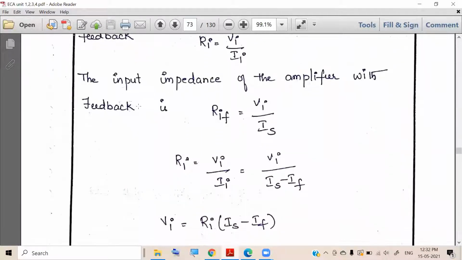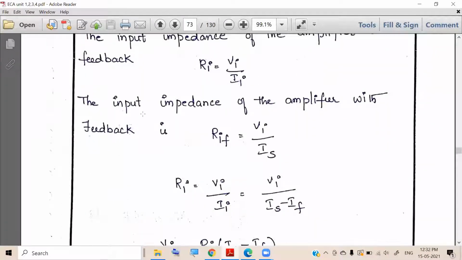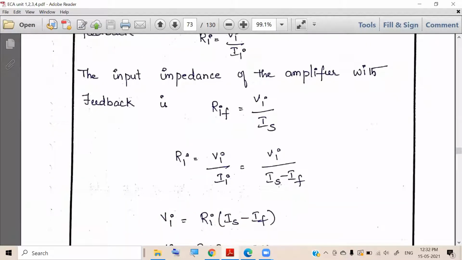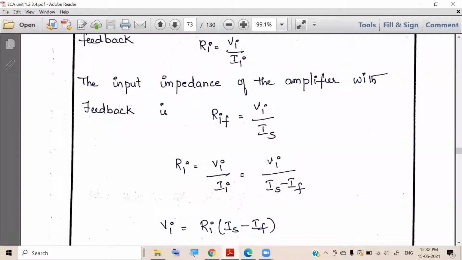So next, we are replacing this Ii with Is minus If. Then we are cross multiplying to the LHS. So from this relation, Ri is equal to Vi by Is minus If.